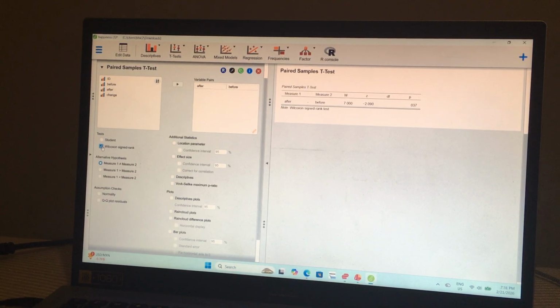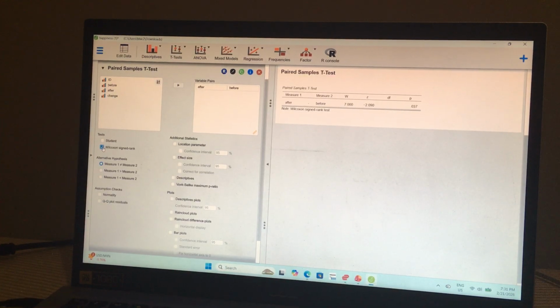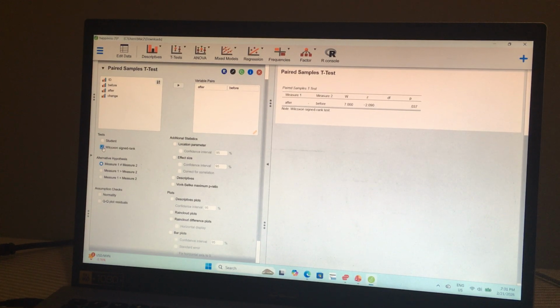So we have our paired samples t-test and our Wilcoxon rank test is 7.000, and then the z-score is negative 2.090, and the p-value is 0.037. So we have done two types of output. We ran the one sample test and the paired sample test first.